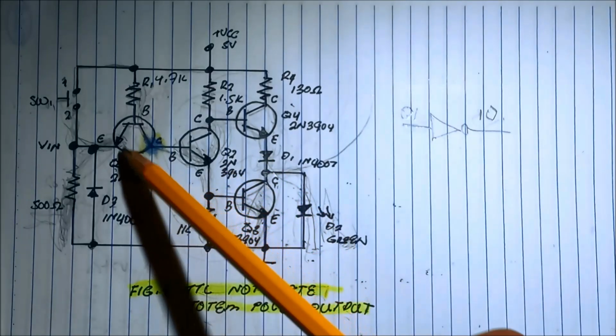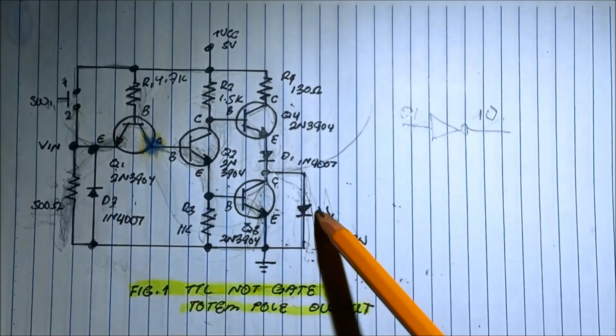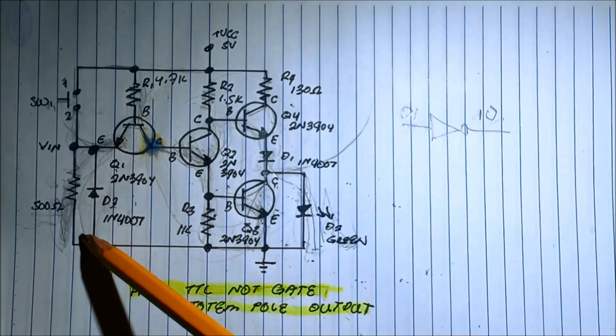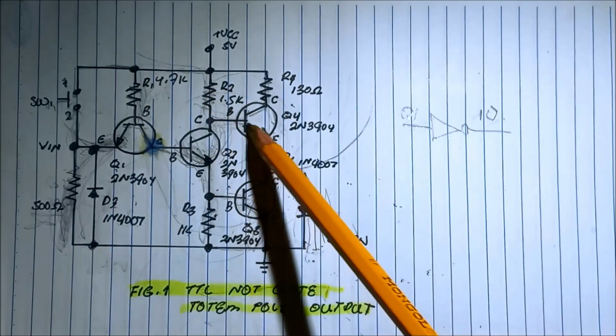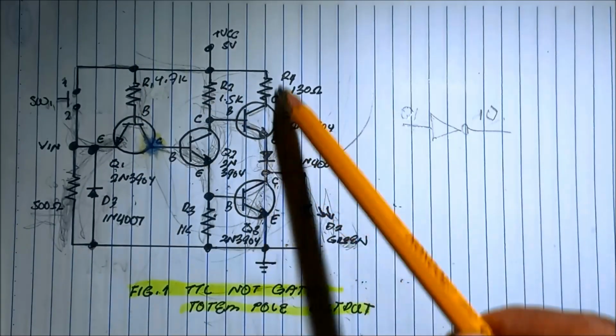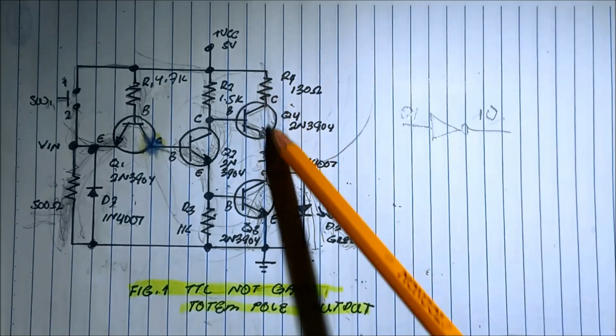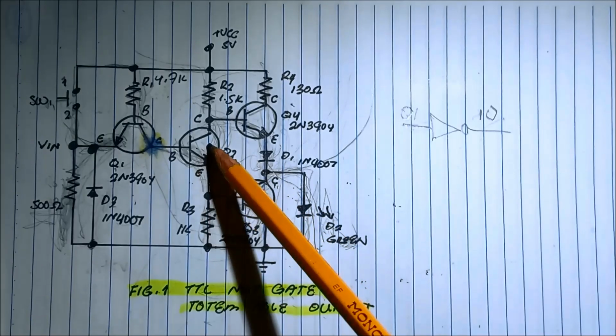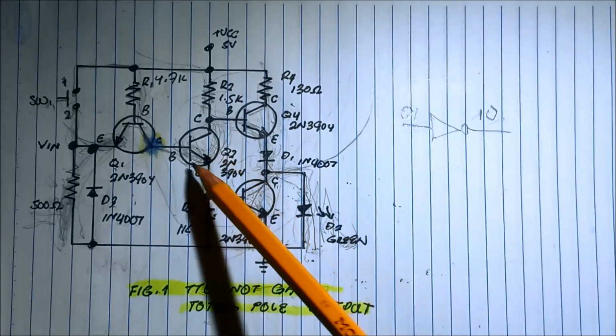So, okay, when there's no input, there's an output because the current flows directly to the ground and to the base of the Q4, saturating this transistor, and then to the LED. These two are off.